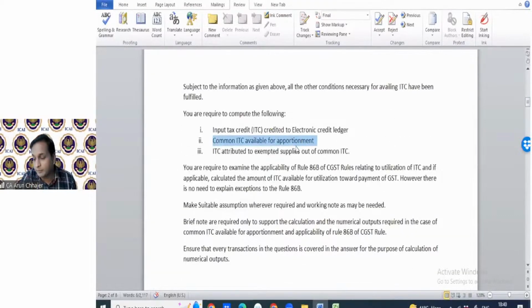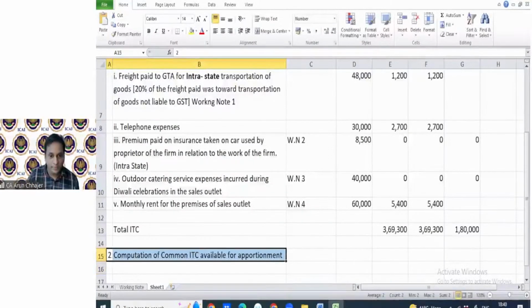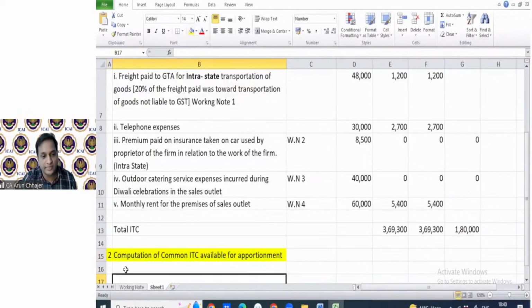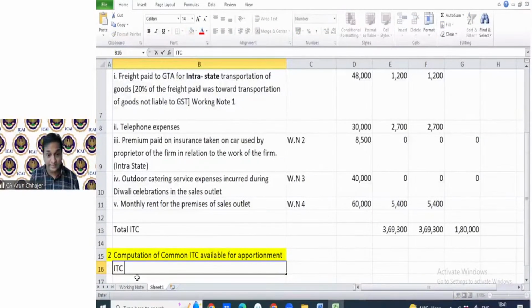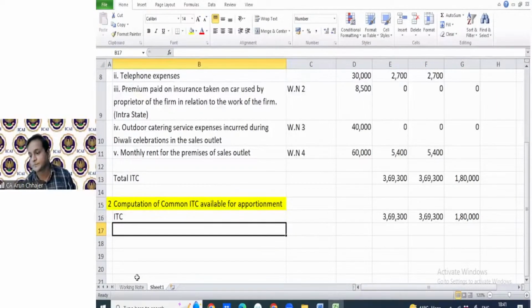Common ITC available for apportionment. Computation of common ITC available for apportionment. First, ITC as per above working. Now I have to calculate the common ITC.